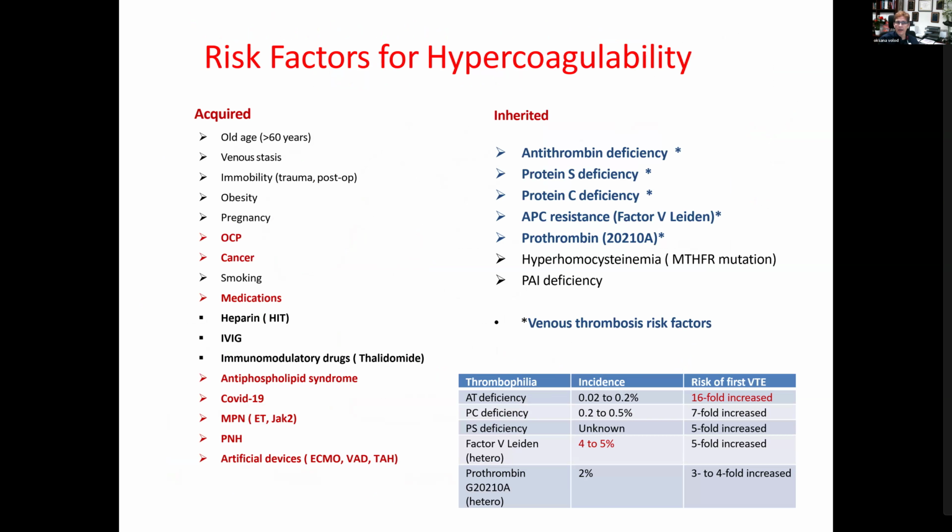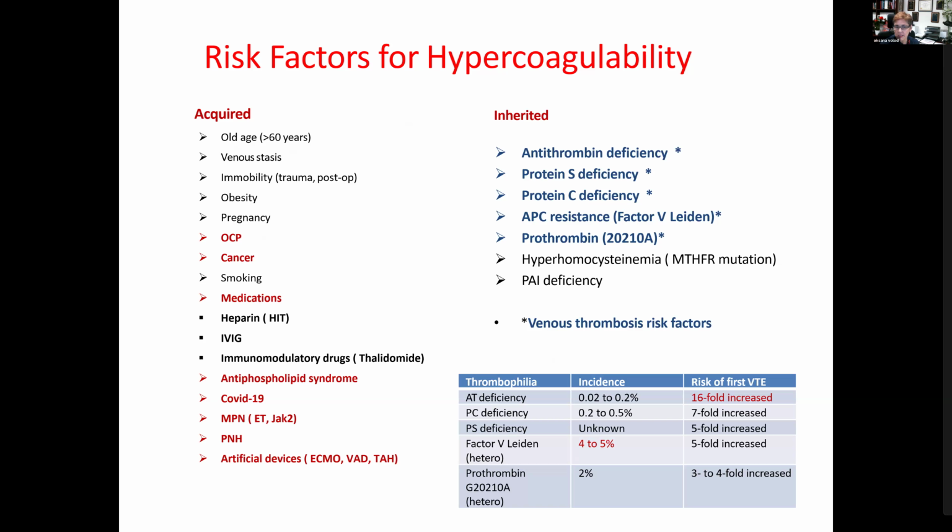And it includes inherited and acquired risk factors. I just wanted to point out that we always talk and check for inherited risk factors for thrombosis, but the incidence is not as high as the issues with acquired hypercoagulability risk factors.